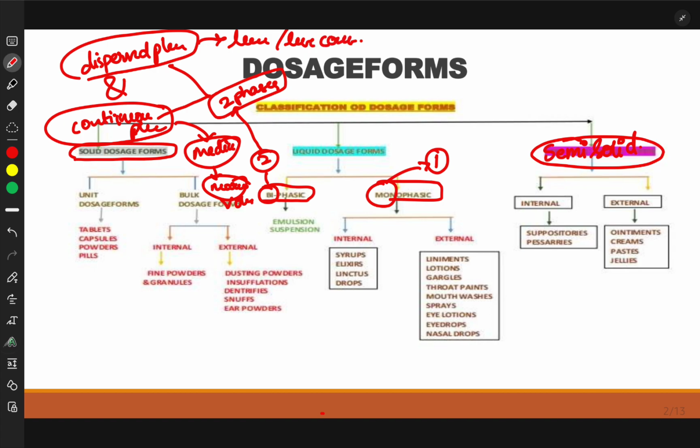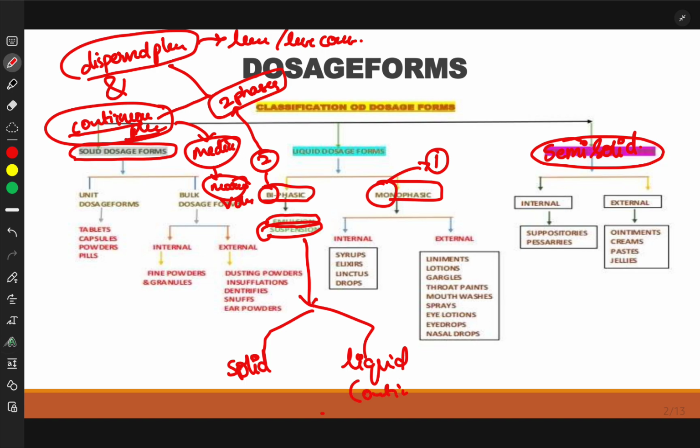In emulsion, both the dispersed phase and the continuous phase are liquids. This is the main difference from suspensions. In suspensions, one phase is a solid and one phase is liquid.